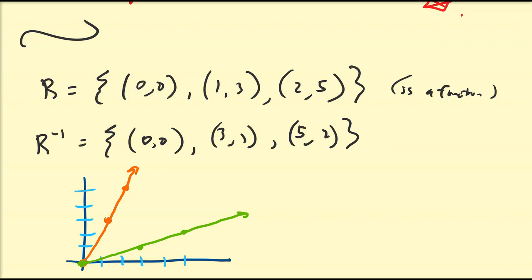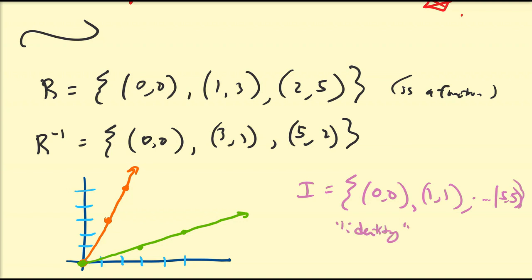Also, I'm going to compare this to the relation I, which is the set of points (0, 0), (1, 1), all the way through (5, 5). This is pretty much my identity relation. All my x values are equal to my y values. If I were to graph this to scale, you should be able to see that these curves make a mirror image of one another for all points in these relations.